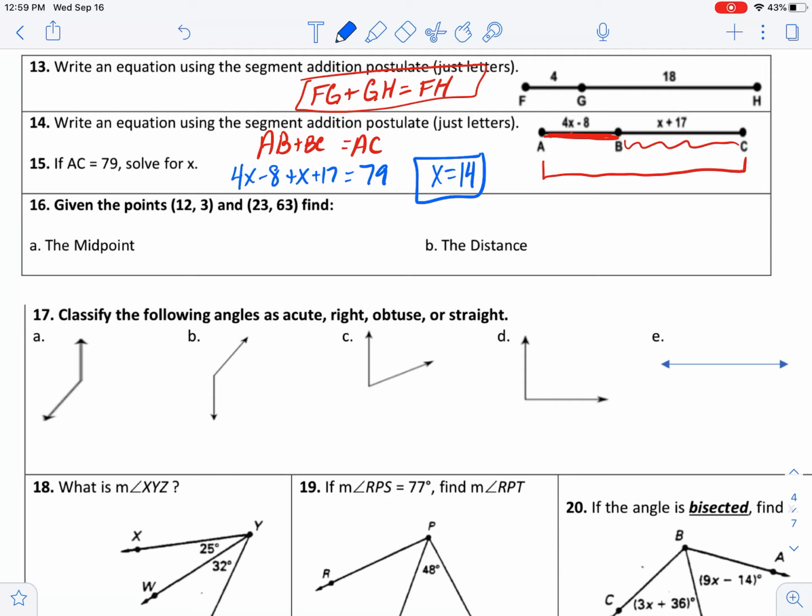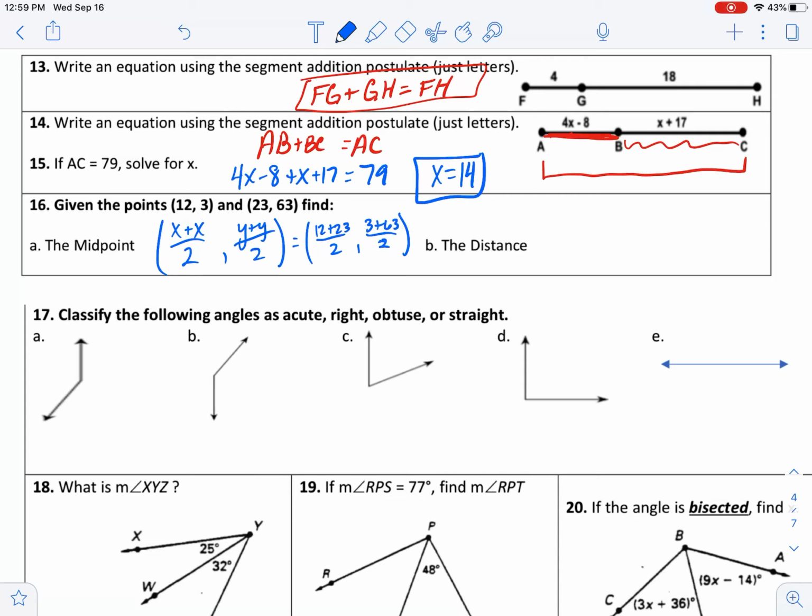All right, midpoint and distance formulas. I've got, find the average of my x's, find the average of my y's, doesn't really matter the order for midpoint. So this would be, let's see, 12 plus 23 over 2, and 3 plus 63 over 2.